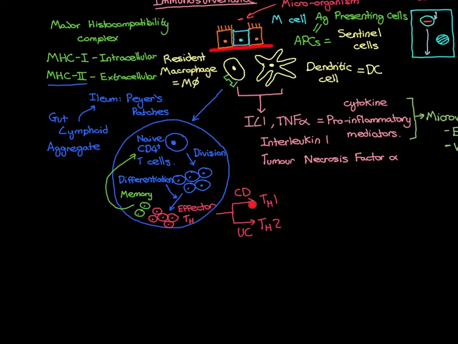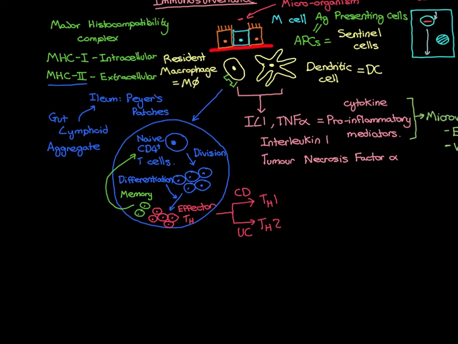So the different types of effector helper T cells, T helper 1 cells and T helper 2 cells, both of them can activate B cells or assist in the activation of B cells, but they both have other functions on the side, and those other functions are different between the two.